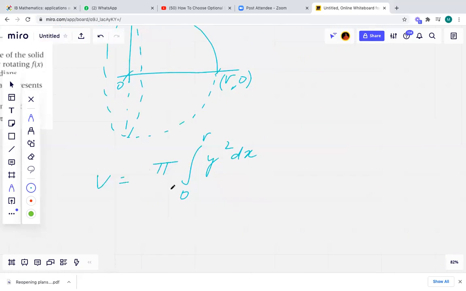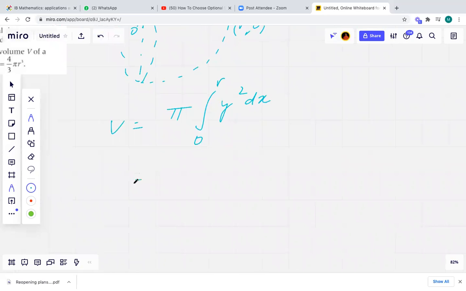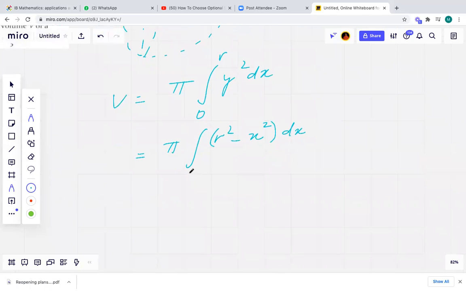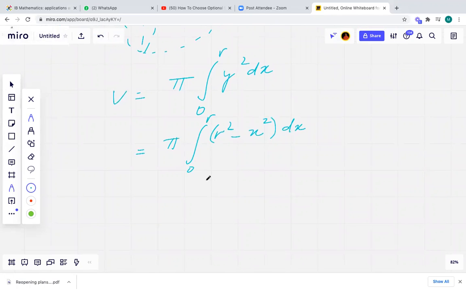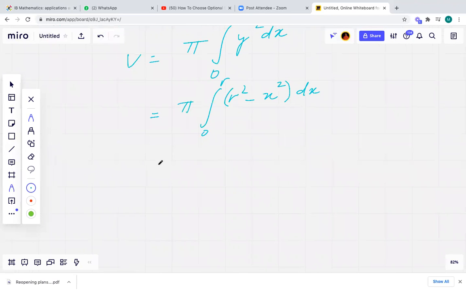So this will be pi times integral of r square minus x square dx between x equal to 0 and x equal to r. Now this is quite simple actually.